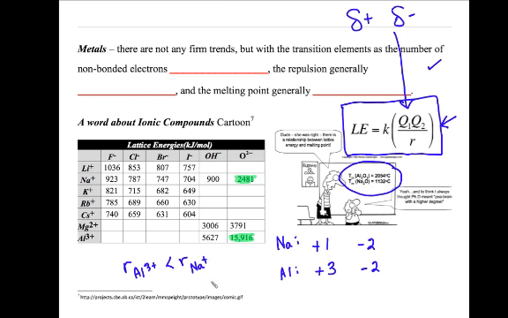These are an isoelectronic series, and remember we look at the proton to electron ratio there. And if we decrease the radius and increase the charge, we'll see a strong increase in the lattice energy. And you notice it is very strong, like, I don't know what that is, 4 or 5 times greater.